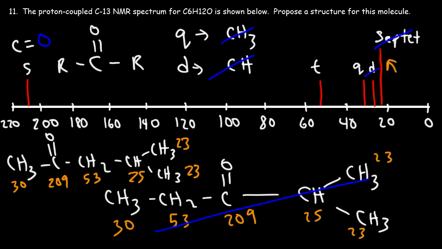Now let's look at this structure. The methyl group here still has a score value of 2. That's not going to change. Now the methylene group is adjacent to a secondary carbon and a tertiary carbon, giving it a score value of 5. The methine group is next to a primary and a secondary, giving it a score value of 4.